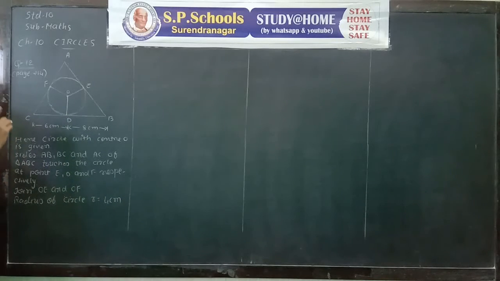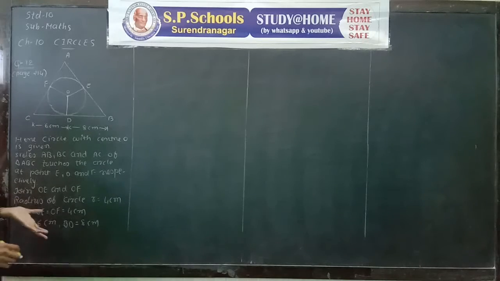Here OD, OE and OF are radii. OD is equal to OE is equal to OF is equal to 4 cm. CD and BD are given. CD is equal to 6 cm and BD is equal to 8 cm.